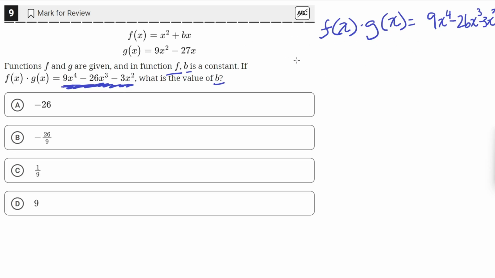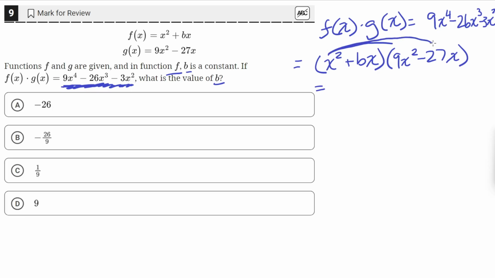So let's multiply out f of x times g of x. So we have x squared plus bx times 9x squared minus 27x. So if we multiply these two out, x squared times 9x squared, that's 9x cubed.